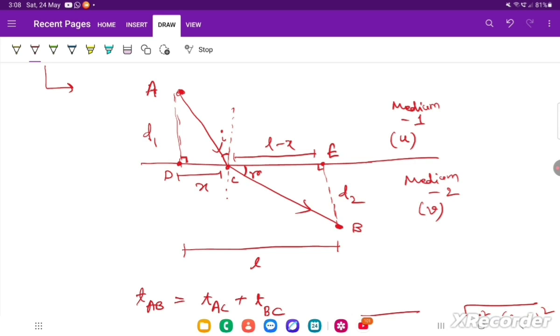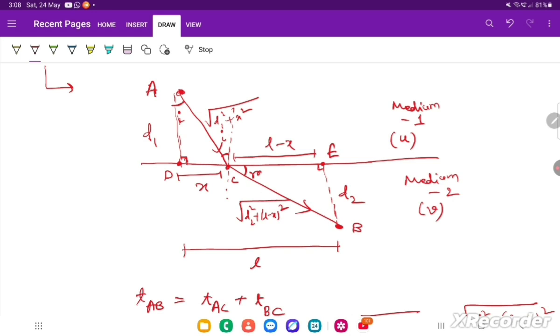Okay, so this one is d1 square plus x square from Pythagoras theorem, and you can write BC as root over d2 square plus L minus x whole square. So from triangle ADC, which is a right angle triangle, you can conclude that x upon root over d1 square plus x square is nothing but sin I, as this angle is also I by alternate angles.